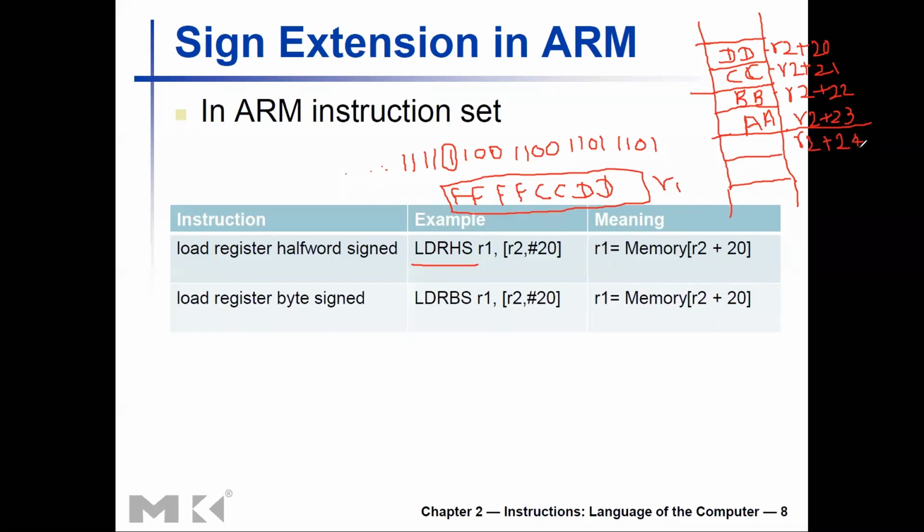That is because the next element is going to be starting from R2 plus 24. Maybe some doubts you had in the previous tutorial also are cleared, I hope, with this explanation. If not, just let me know.